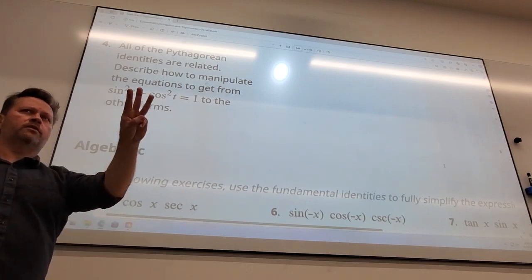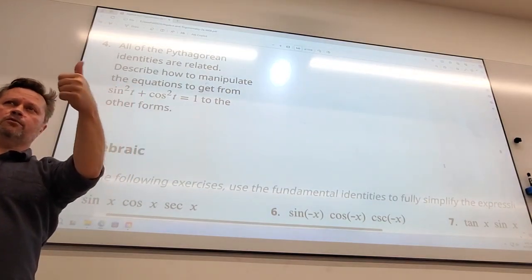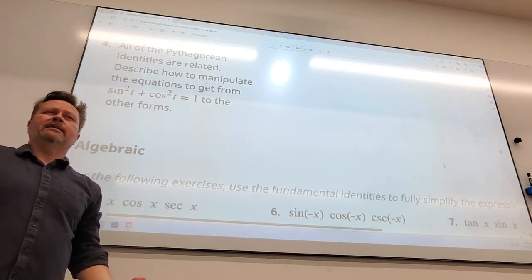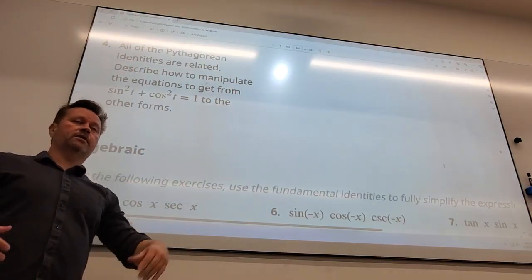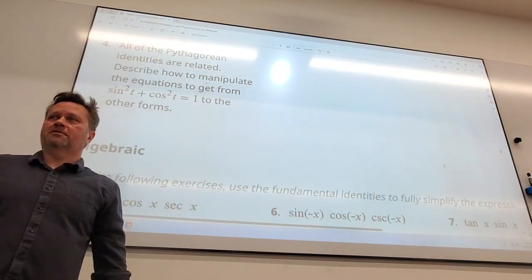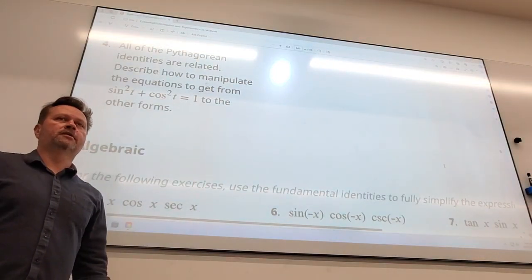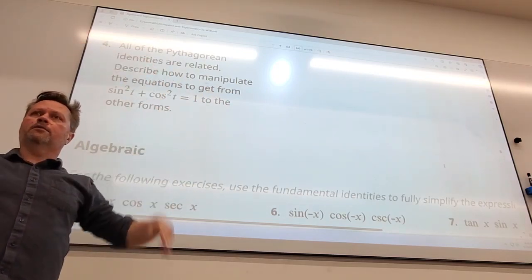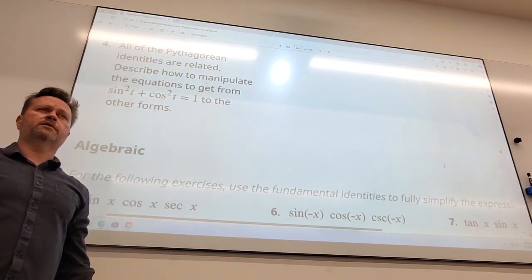So those are the 3 Pythagorean identities. You only have to memorize one if you want to, because you can build the other 2 from it. That's what I did. I basically have them memorized now just because I've used them a lot. So they're stuck in my head no matter what I tried to do. But when I was a student, I just memorized sine squared plus cosine squared, and then I made the other ones when I needed them. So it's up to you.